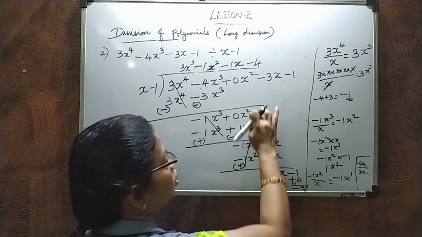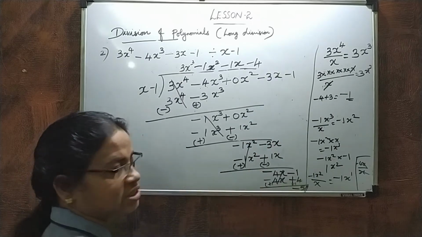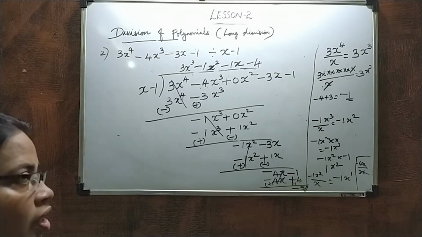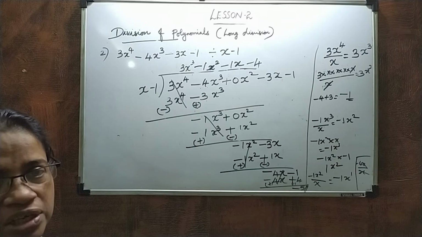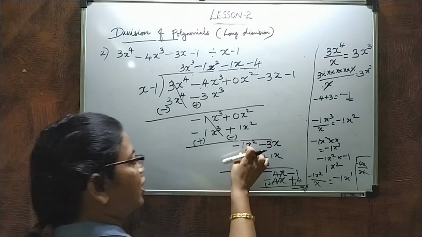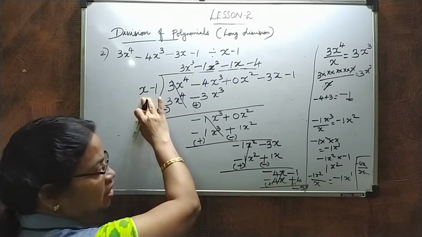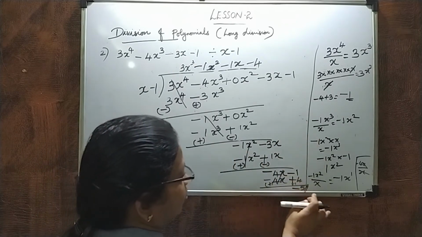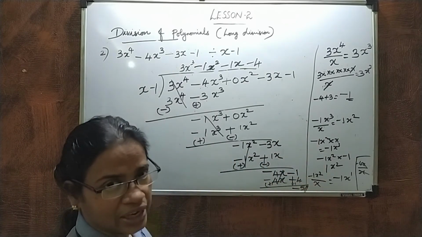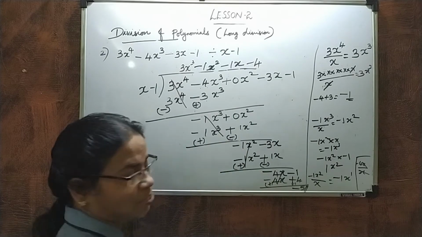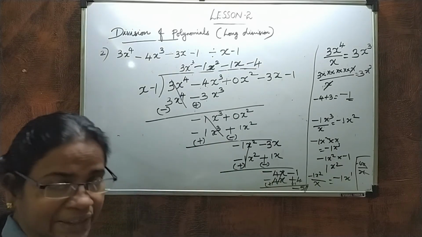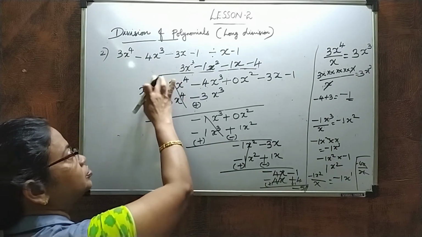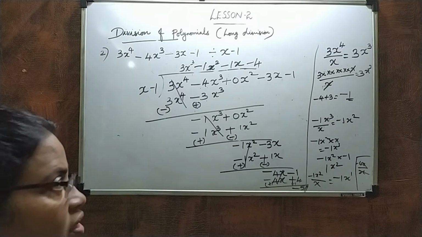Okay, here 0x square we completed, now negative 3x. Again start the division. First term of the dividend divided by first term of the divisor. Negative 1x square divided by x, you will get negative 1x, write it on the top. That term into this full divisor.